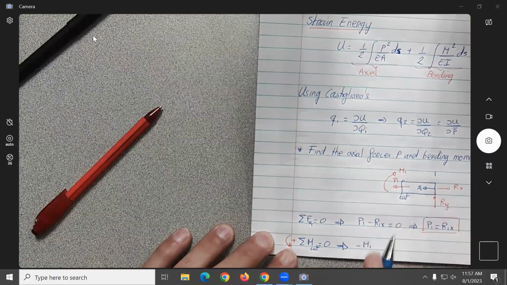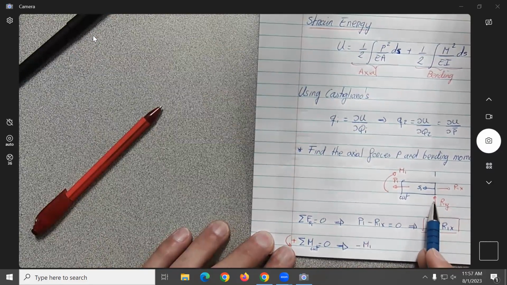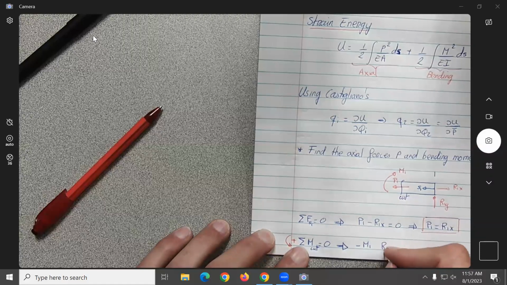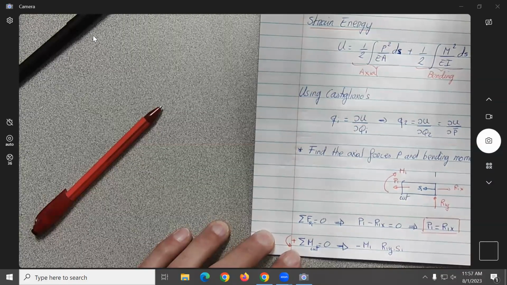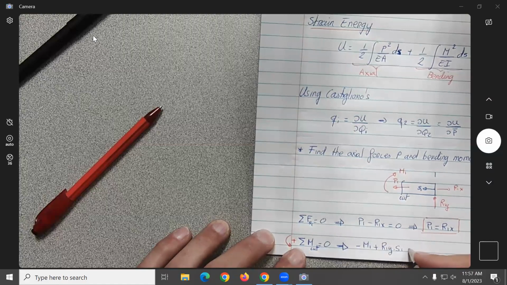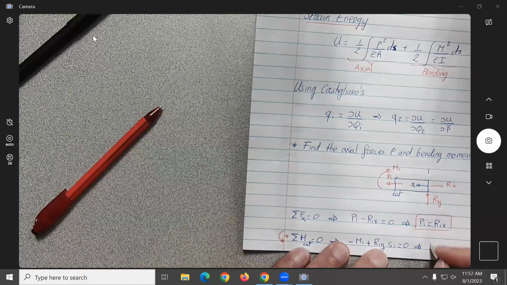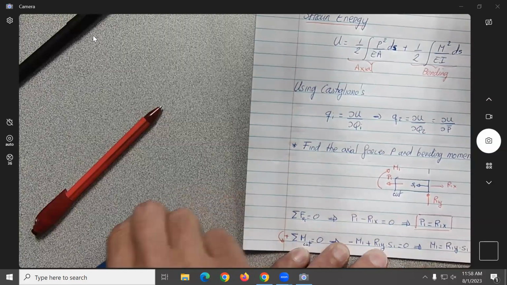You will get minus M1, and what creates the moment? The R1Y, no? So R1Y times S1, will that moment be positive or negative? Positive, correct, so equal to 0. So this will just give you that M1 is equal to R1Y times S1.